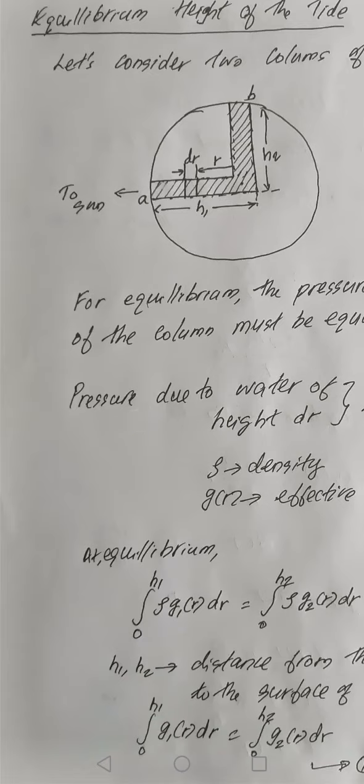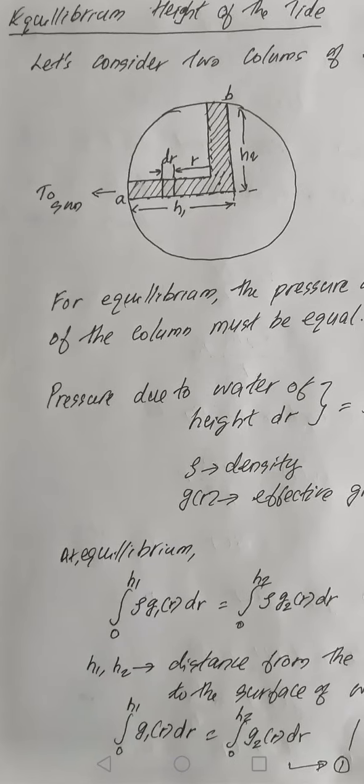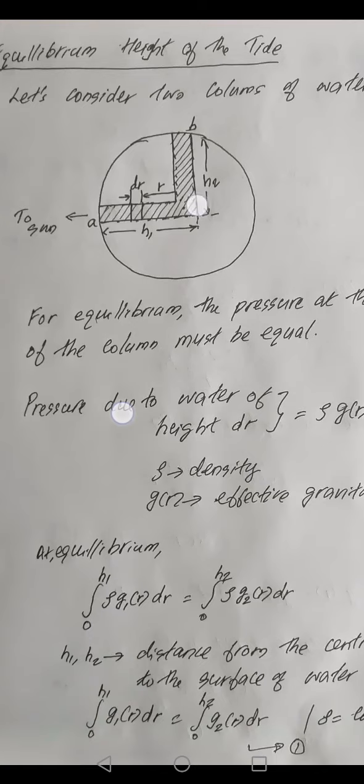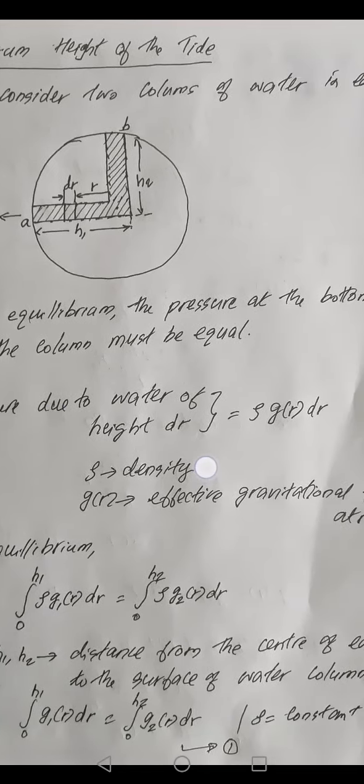So what should be the equilibrium condition? The equilibrium means the pressure at the bottom should be the same. Pressure is force per unit area, right? So for equilibrium, the pressure at the bottom of the column must be equal. That you have to remember.